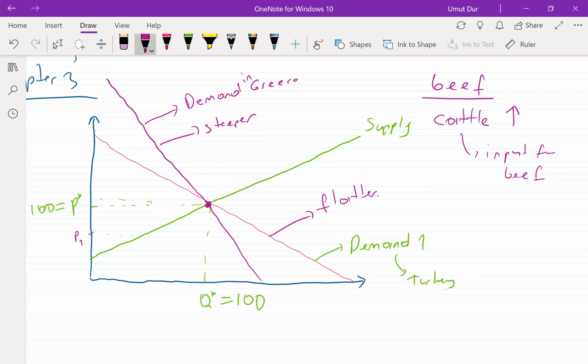I was producing this amount, Q1. Now the production becomes costly. Would you produce less or more? Less. You would like to supply less of that. So this will be the shift. Basically, the supply curve will shift.